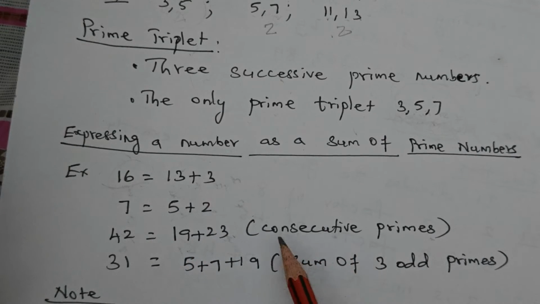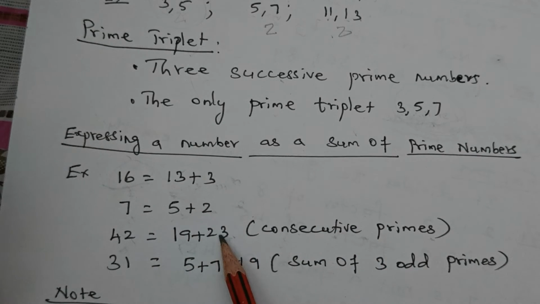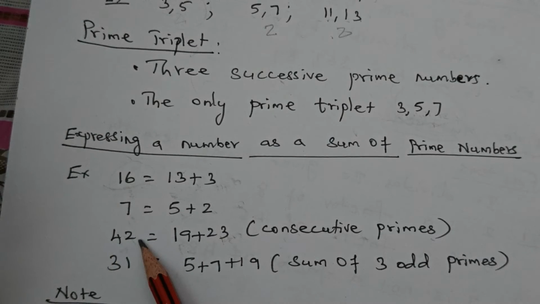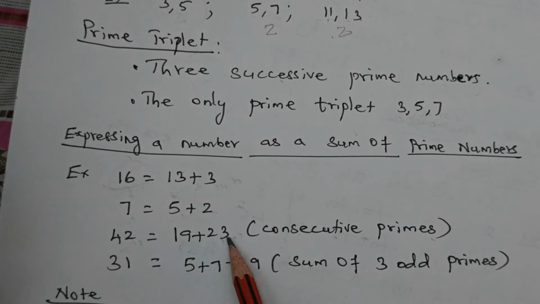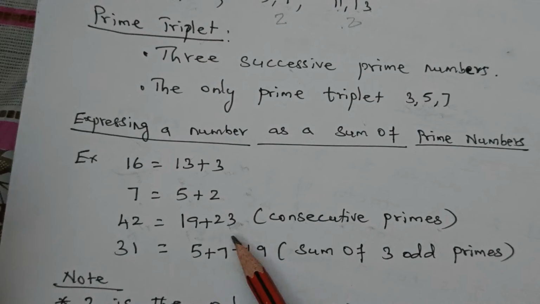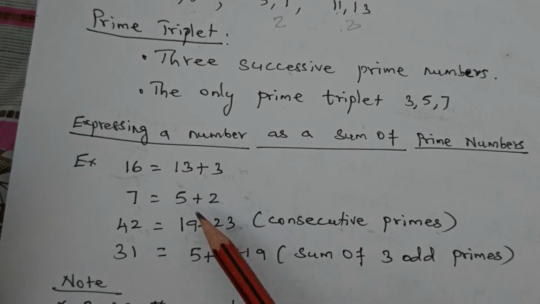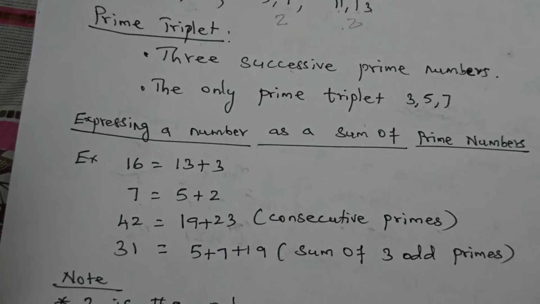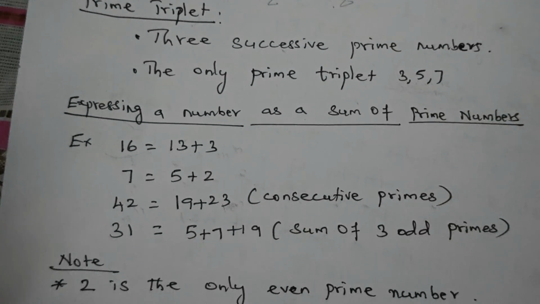That is why they are called consecutive, meaning continuous. When you add them both, we get 42. So 42 we can write as the sum of 2 continuous prime numbers. These are simple exercises which we can do to become familiar with prime numbers, so that you understand and remember the prime numbers better.